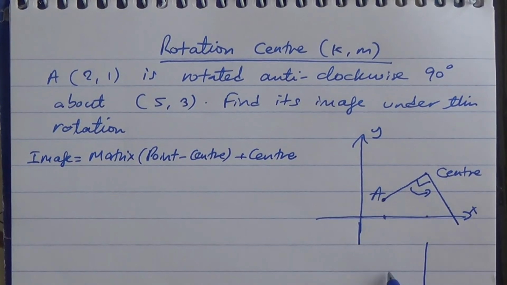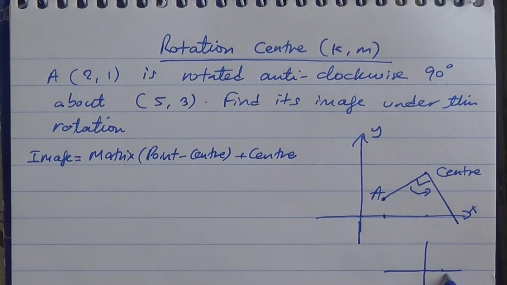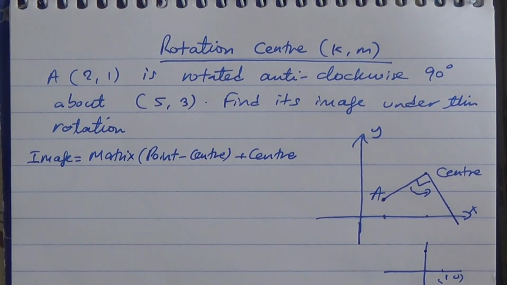Remember we told you if this is 1, 0, it's rotating 90 degrees, it's going to fall here on 0, 1. And then 0, 1, the y, rotates 90 degrees, falls here, it becomes minus 1, 0. So now you pull out the matrix.